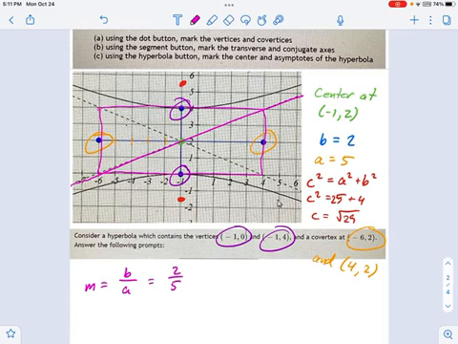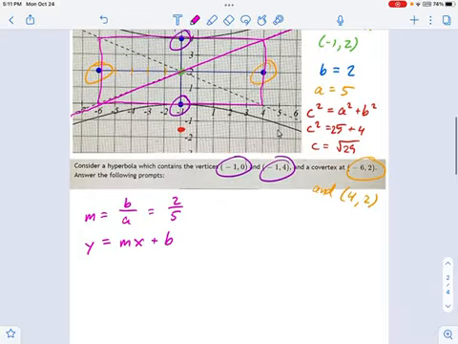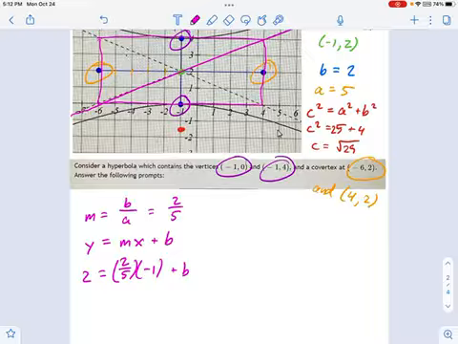And all we have to do now is plug that into the slope-intercept form equation, y equals mx plus b, for that asymptote going up and to the right. Well, the center point gives us our clue. Remember, x is located at -1, so m is 2/5, x is -1. I don't know what b is, but I do know that y is 2 at that center point. So I can just solve this equation for b.